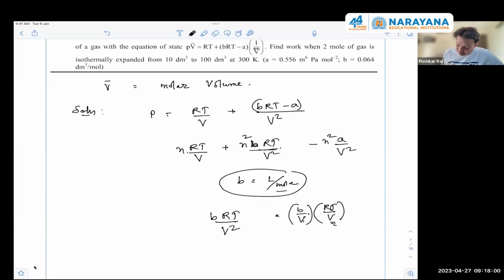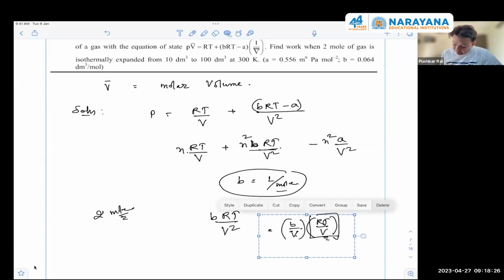This is pressure of course, and this is volume by... if I have 2 moles, okay. You're right.